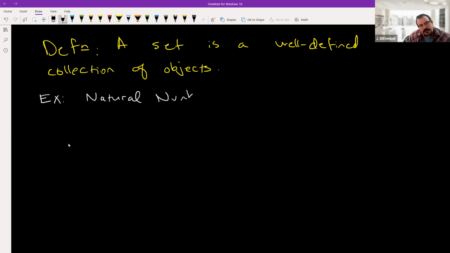The natural numbers, for the purposes of our class here, we use this symbol N, and they're defined to be, with this symbol that looks like an equal sign but has two dots in front, meaning it's defined to be, 0, 1, 2, 3, up to infinity.